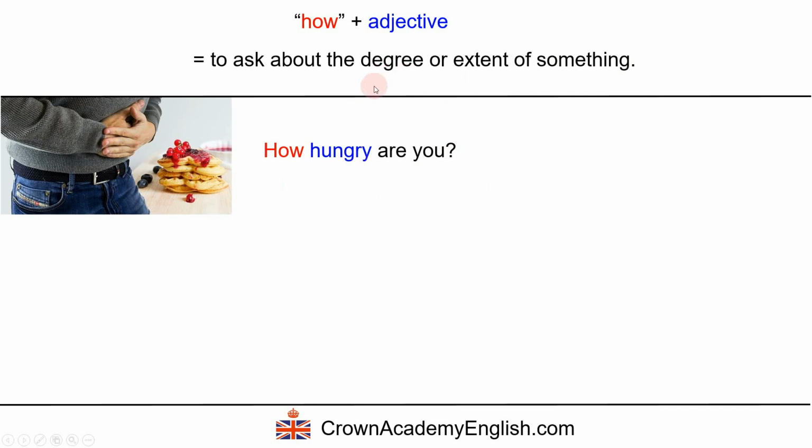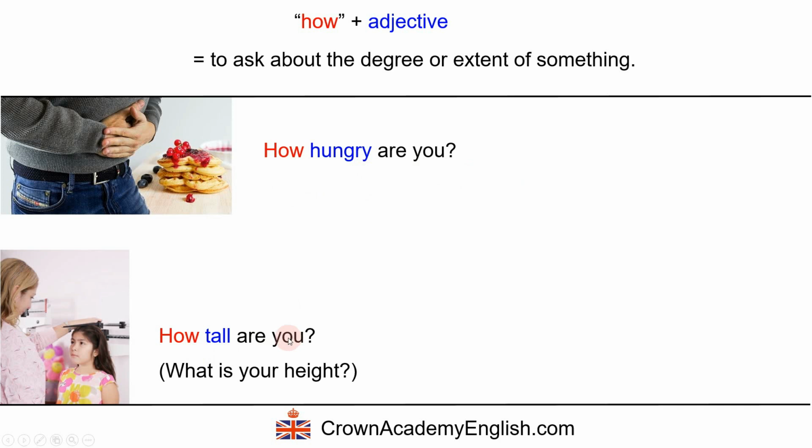Degree means level. So what is your level of hunger? Are you a little hungry? Are you very hungry? Or maybe you are not hungry at all. So what is the degree of your hunger? How hungry are you? What is your level of hunger?